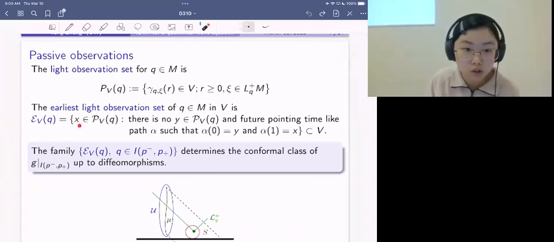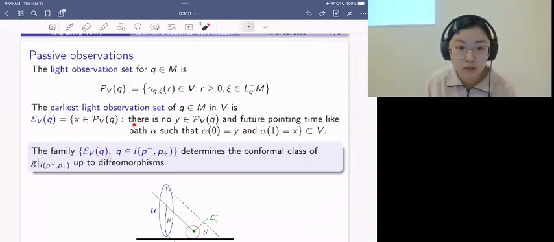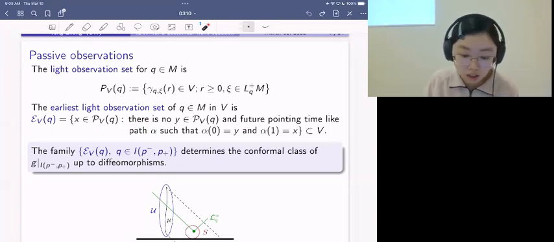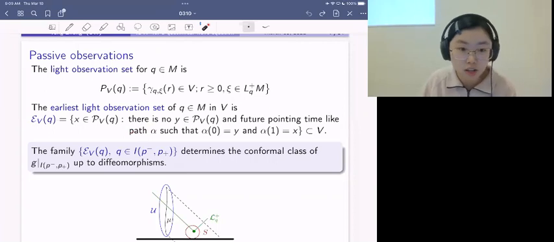This subset contains the points x such that there is no point y in the light observation set that chronologically precedes x. That is, the set contains all the points which are the earliest points in the light observation set.